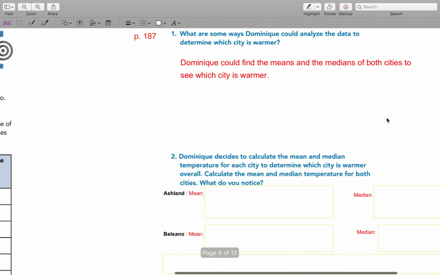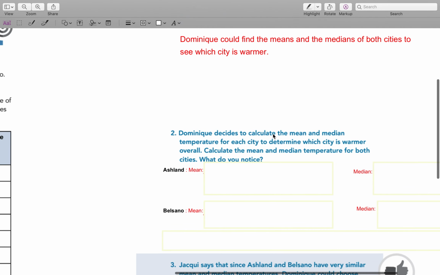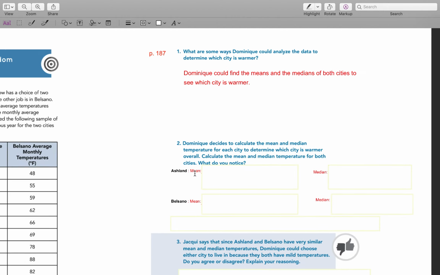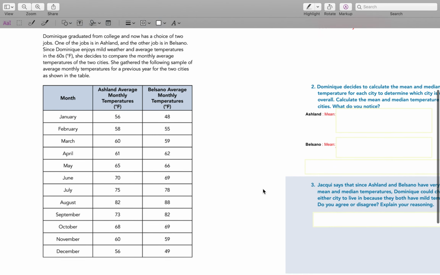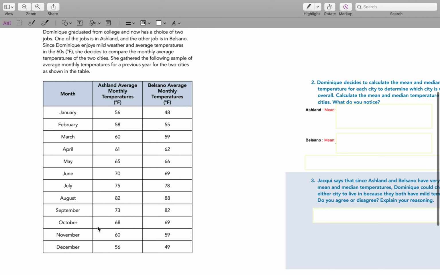Okay. And number two, it says Dominique decides to calculate the mean and median temperature for each city to determine which city is warmer overall. So calculate the mean and median temperature for both cities. What do you notice? So Ashland, let's look at the mean. We know that mean is the average, meaning we have to add up all the data set right here.